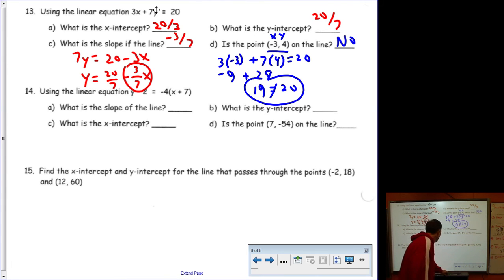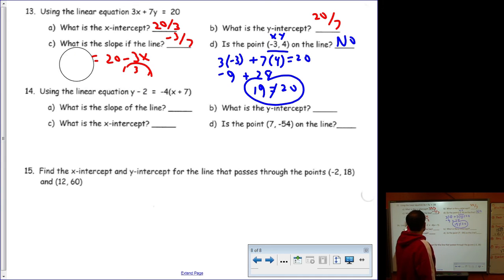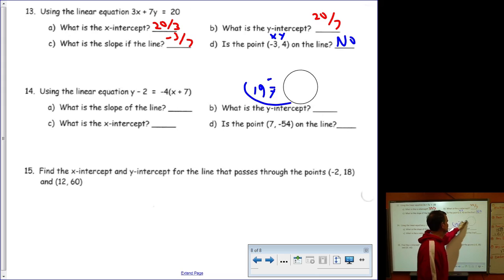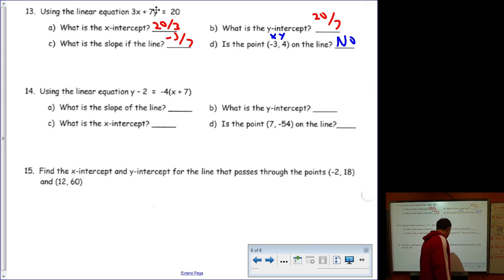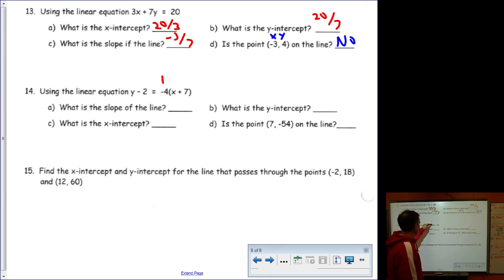All right. Number 14. Same type of question, but now my equation is in point-slope form. The slope of the line, of course, is right here. It's -4. So that was easy, right? The y-intercept. To get the y-intercept, I could put 0 in for x.